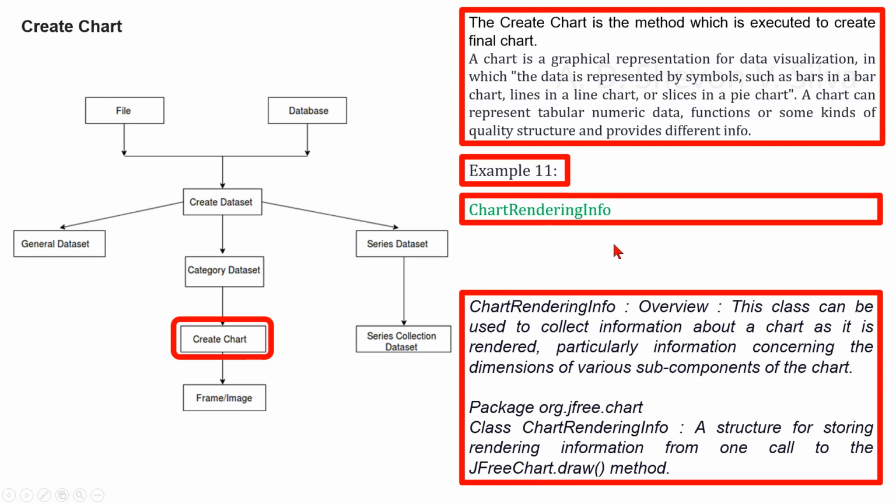Overview of ChartRenderingInfo. This class can be used to collect information about a chart as it is rendered, particularly information concerning the dimensions of the various subcomponents of the chart. The class ChartRenderingInfo in package org.jfree.chart, a structure for storing rendering information from one call to the JFreeChart.draw method.